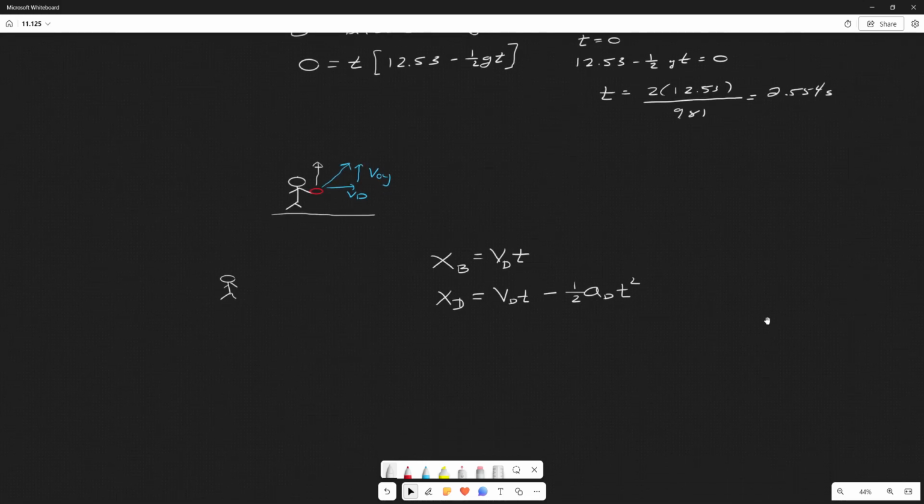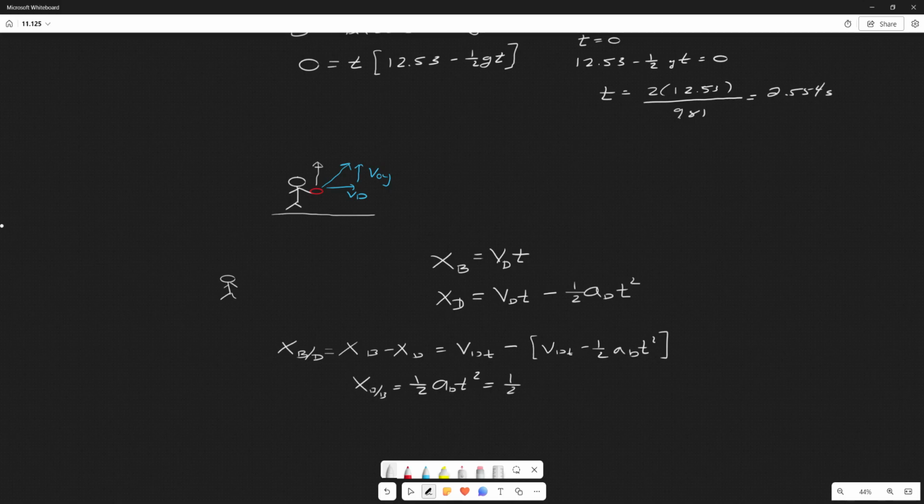The distance that the boy has to walk on the deck in order to catch the ball is the distance of the ball with respect to the deck. That's x sub bd. And so x sub bd is defined as x sub b minus x sub d, which in this case is vdt minus 1/2 a dt squared. So this x sub bd is 1/2 times the deceleration of the deck, a sub d, times t squared.